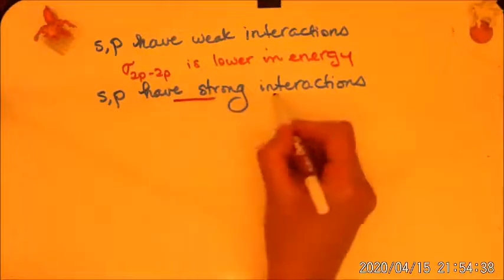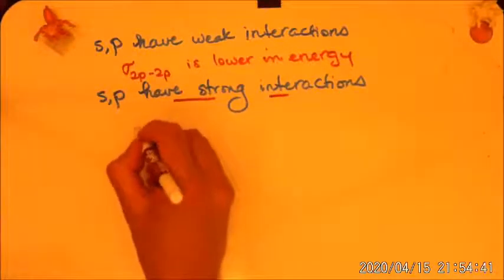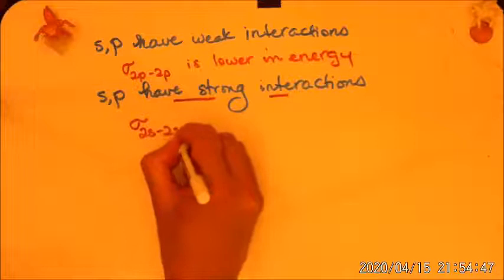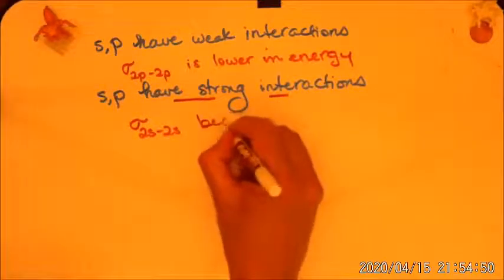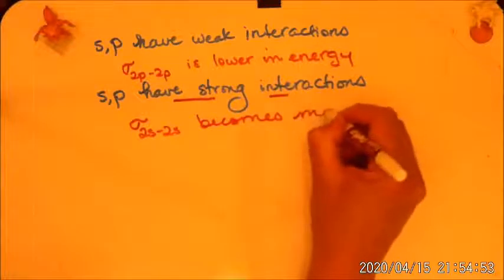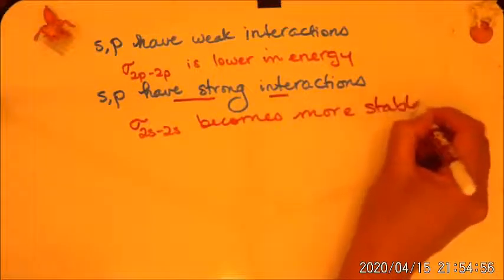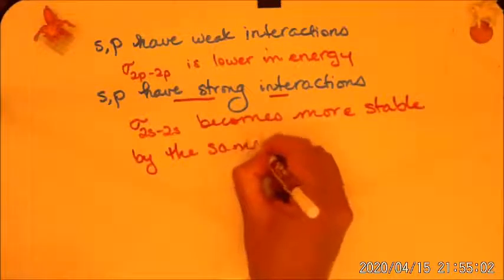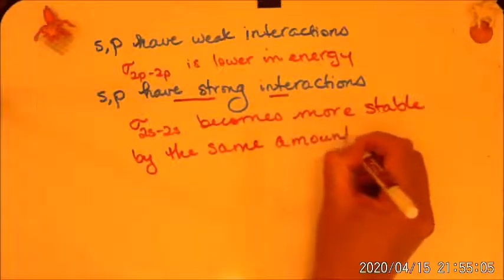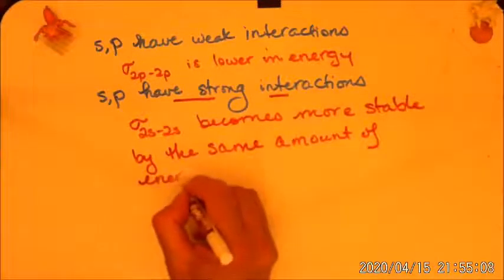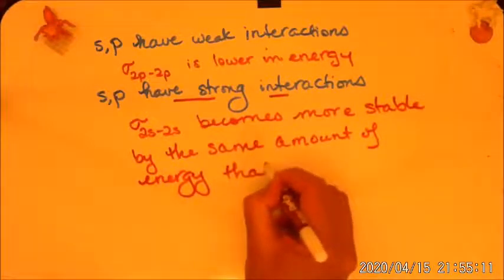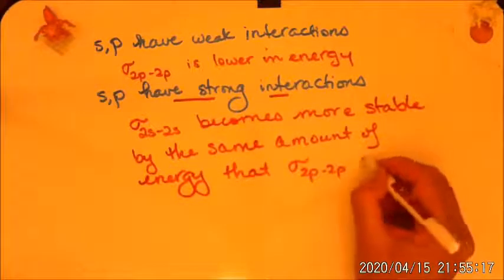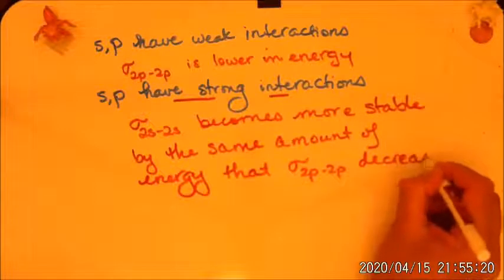However, when I have strong interactions, what's going to happen is my sigma 2s becomes more stable, by the same amount of energy that my sigma 2p 2p decreases in stability.